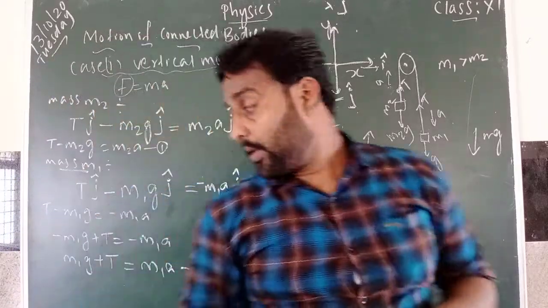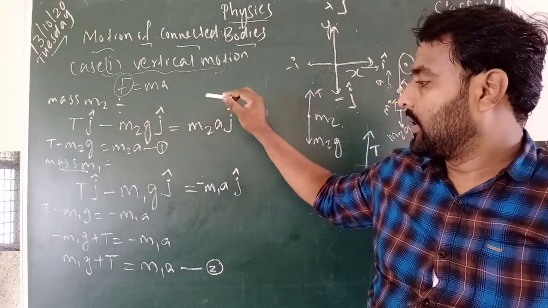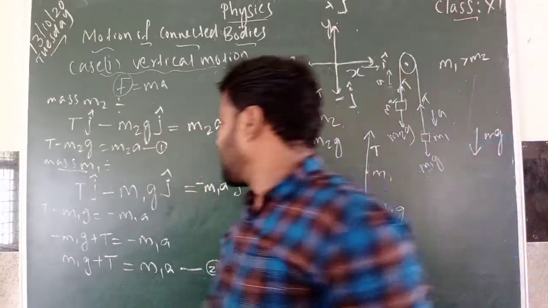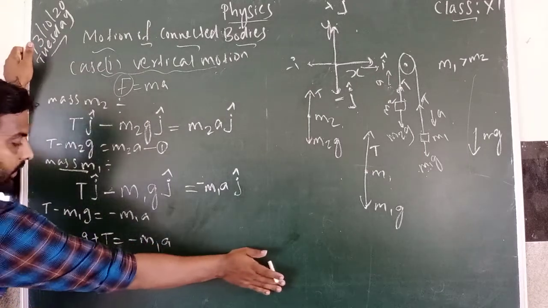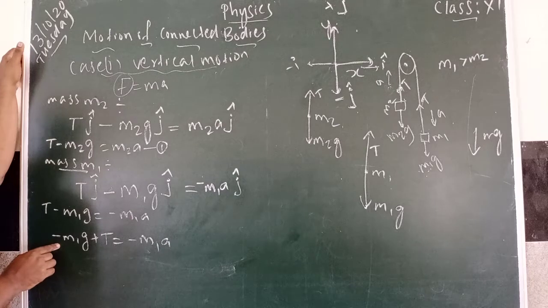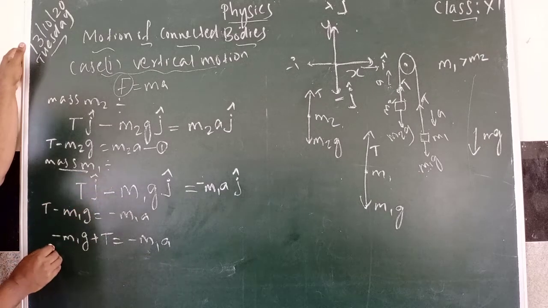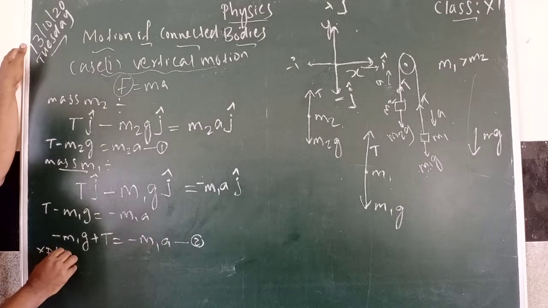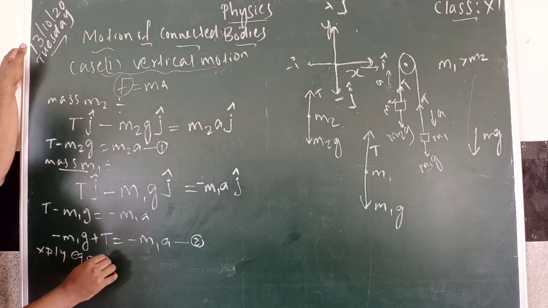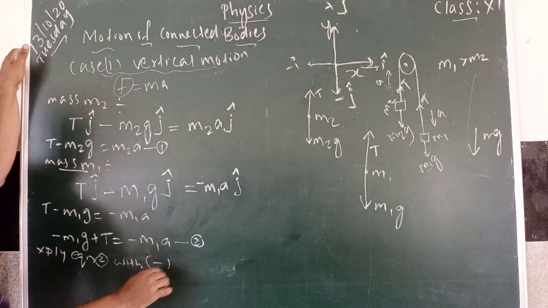Okay. Now the equation is like this. Now multiply equation 2 with minus.